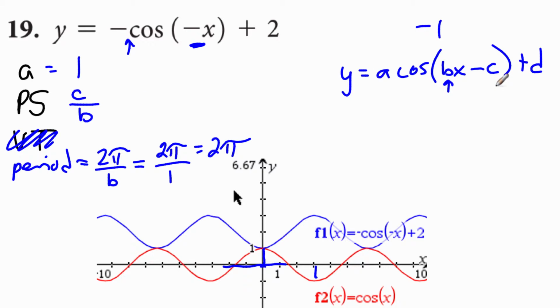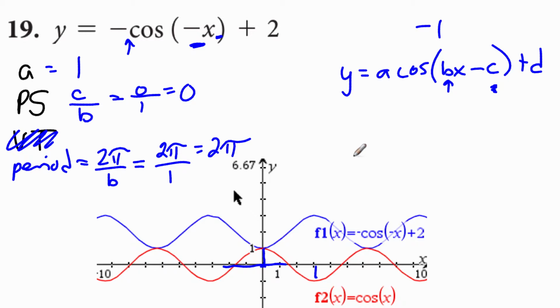C is the thing being added or subtracted from the x, and b is what we just used. Here, no number is being added or subtracted beside the x, so c is 0, over b is 1, which is still 0. So there's no phase shift, and the whole graph doesn't shift over.